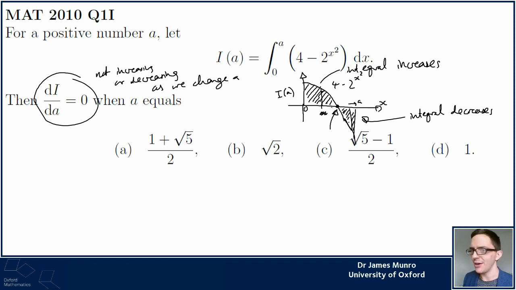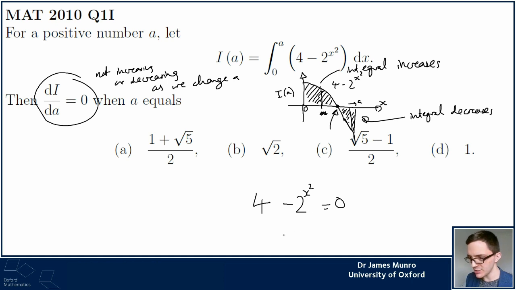Okay, said differently, what I want to work out is where 4 minus 2 to the x squared equals 0. You could think about this as the derivative killing off this integration sign, or I suppose more carefully, I'm thinking about how the integral changes as I change a.